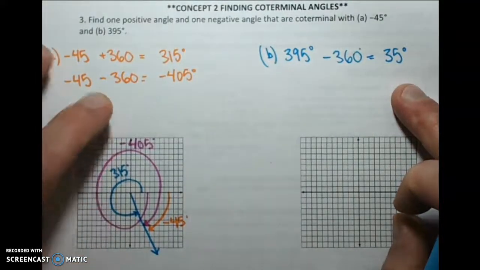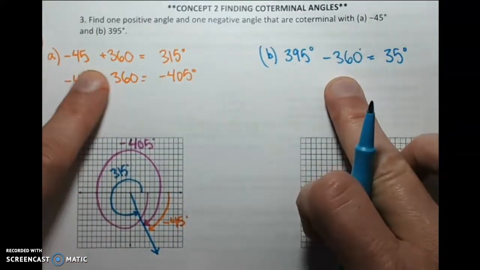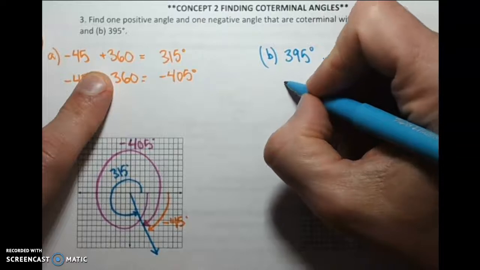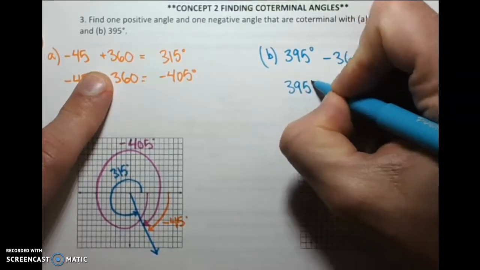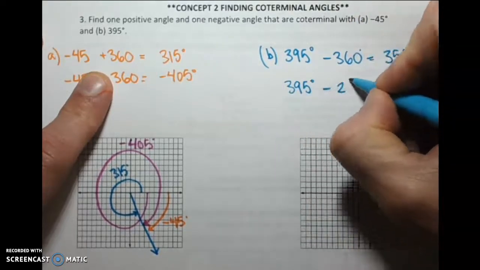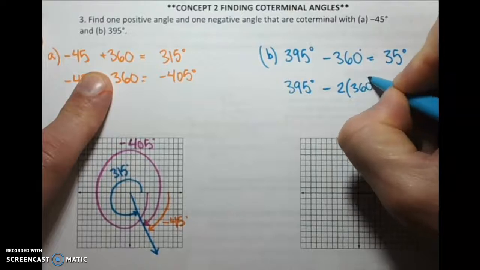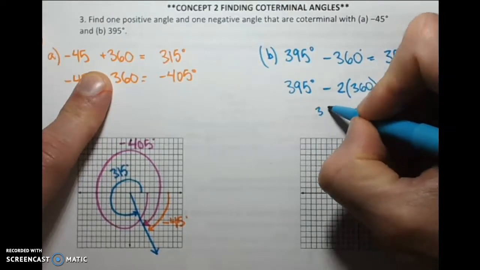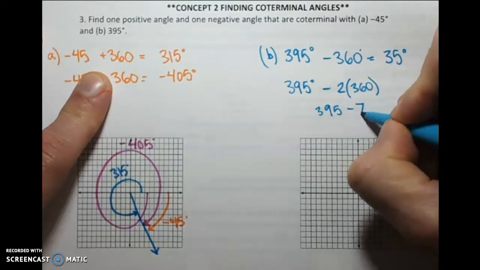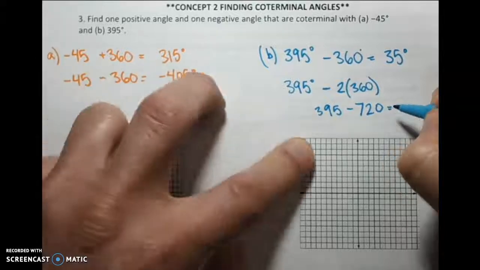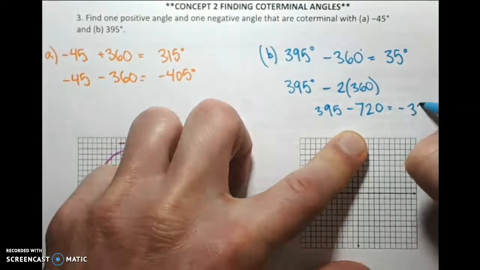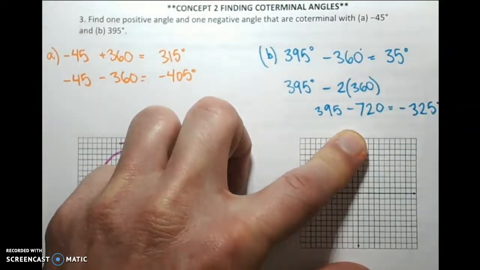Awesome, I got my positive. This time, in order to get the negative from 395 degrees, I have to subtract 2 times 360, which is 395 minus 720, which gives me negative 325 degrees.